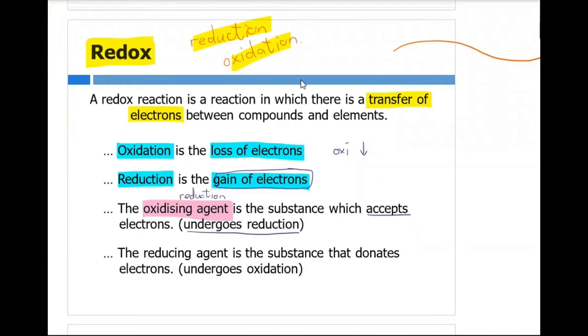The explanation I gave is just to show you that if you are a reducing agent, I am causing reduction to take place on the other side, or the other equation. So what am I undergoing? Oxidation, and therefore oxidation is loss. So the reducing agent is the substance that loses or donates its electrons, and it's the one that undergoes oxidation.